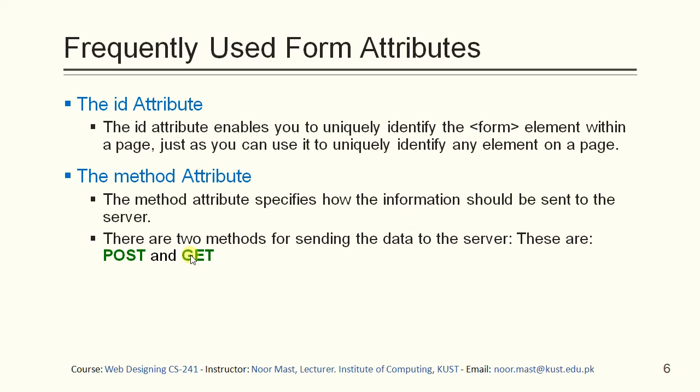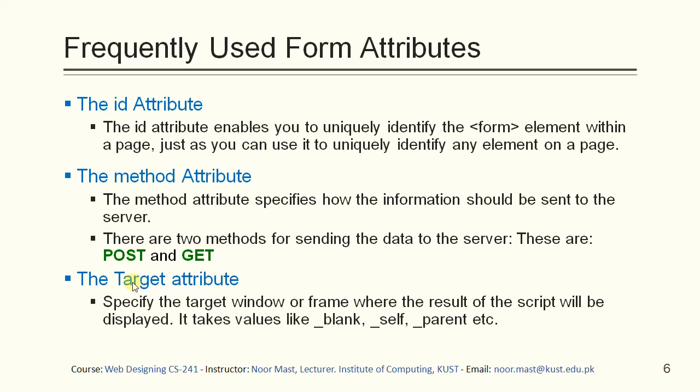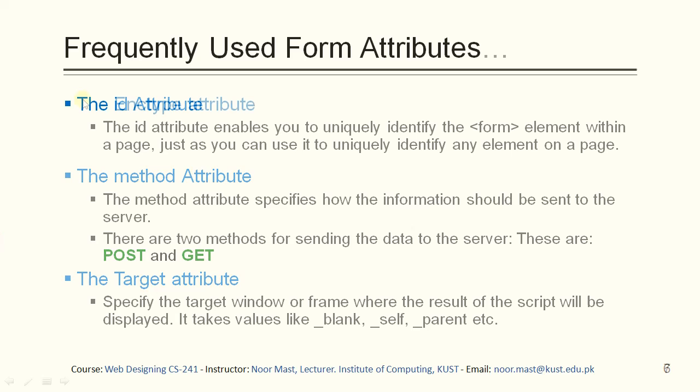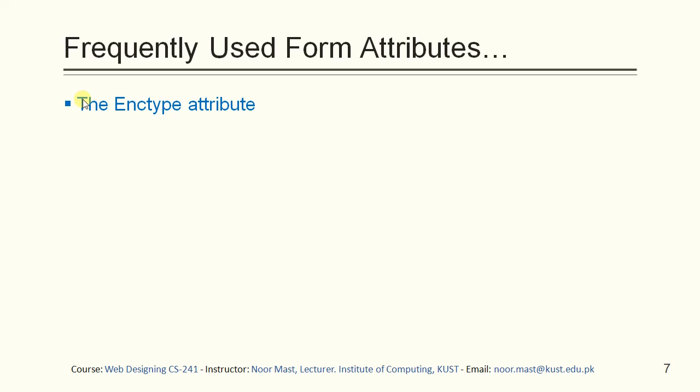You should use the post method if your form allows users to upload a file or it contains sensitive data, for example a password, and to add information or delete information from a database. The target attribute. The target attribute specifies the target window or frame where the result of the script will be displayed.